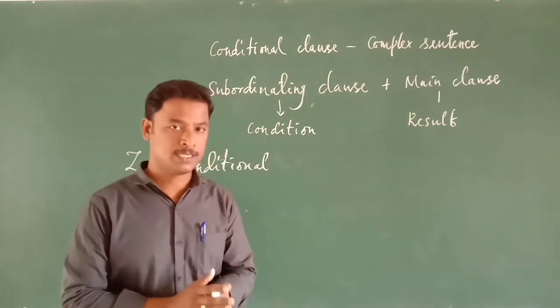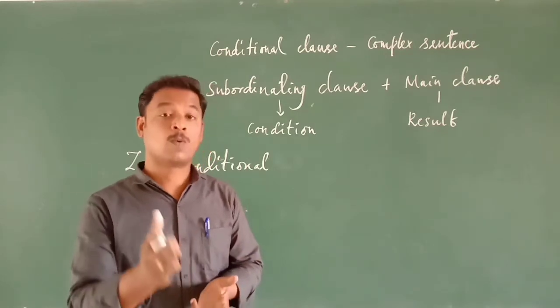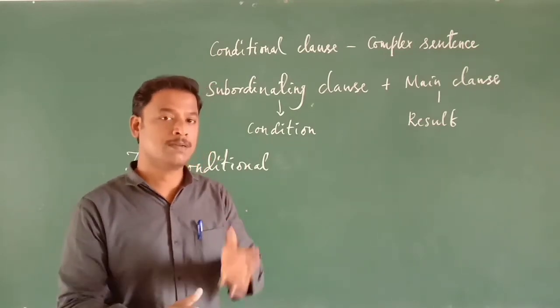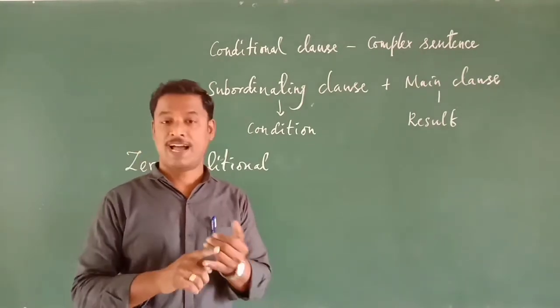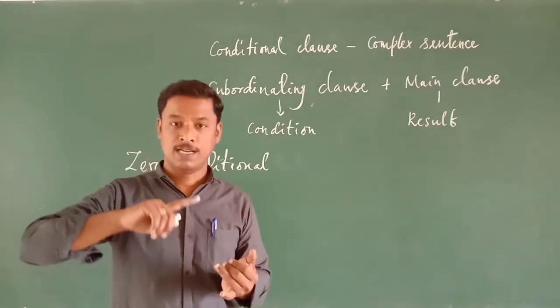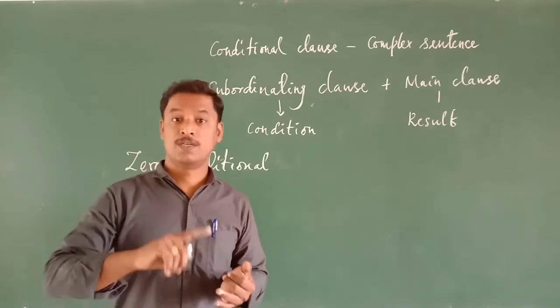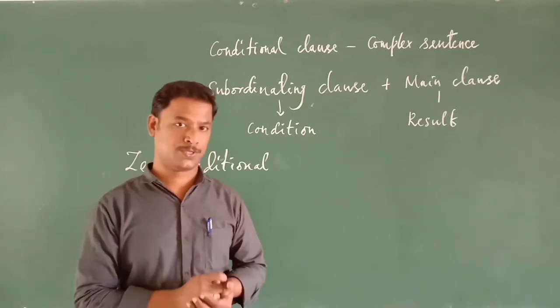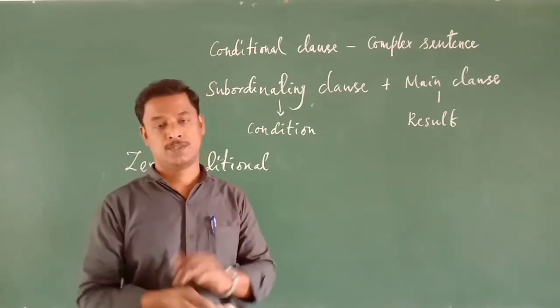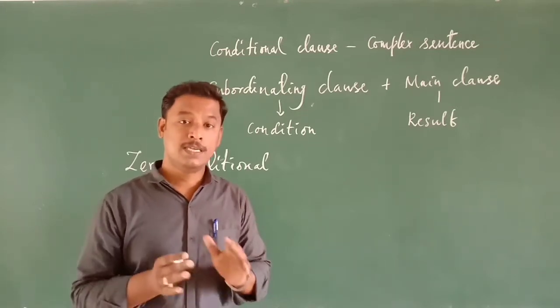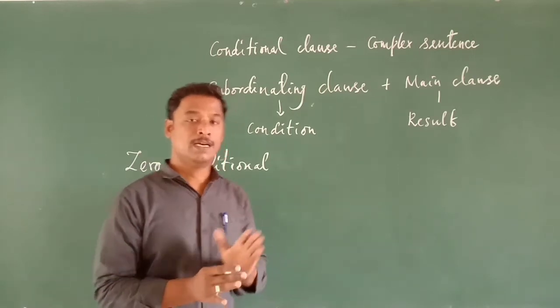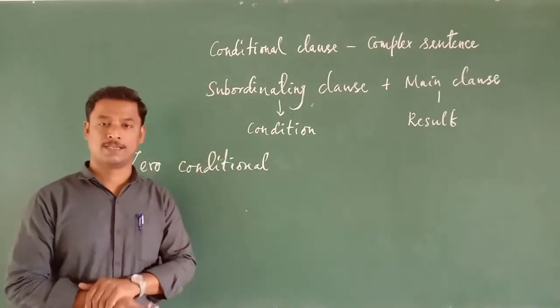What type of condition or rule or necessary situation must be written in zero conditional? Facts which are generally true, universally accepted truth, scientific truth, and a proverb. These can be written in zero conditional.